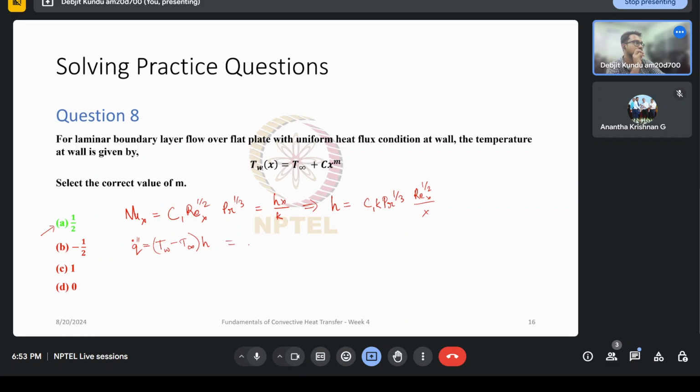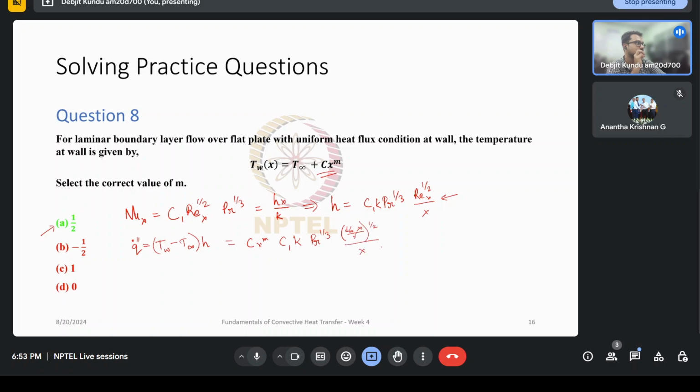So this thing is equal to some C into x power m, which we got from here. And the h is equal to this, which is again some more constants. Then Reynolds number, let's break it down. So Reynolds number, if we break it down, becomes U infinity into x over nu power half.